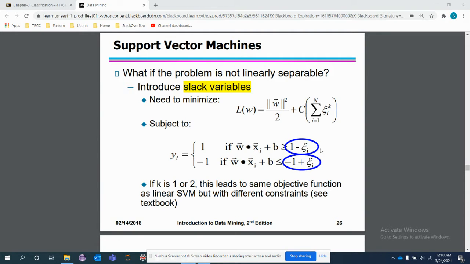We consider a sample or data point to be positive if w into x plus b is greater than or equal to 1 minus the slack variable. Here this sign is represented as the slack variable, and the negative sample can be determined by the second formula here. In this way, you can categorize or segregate the data in terms of the positive and the negative samples.